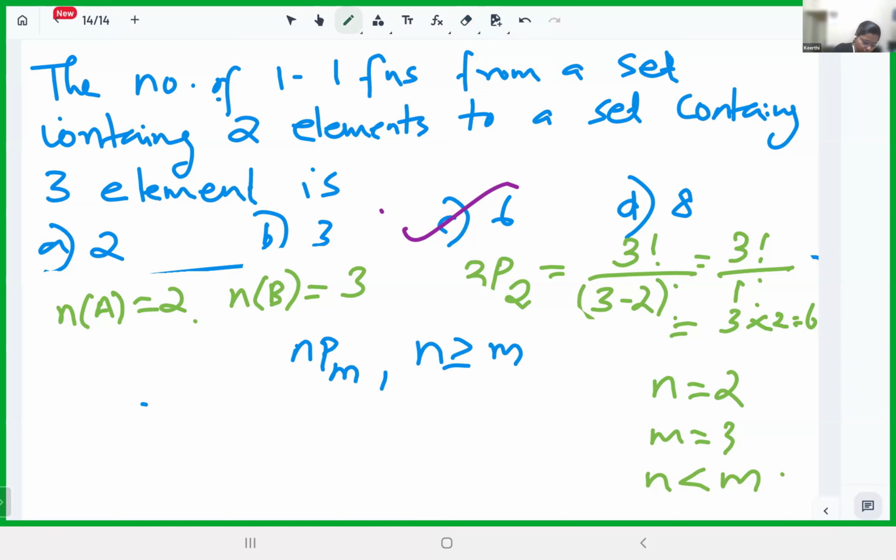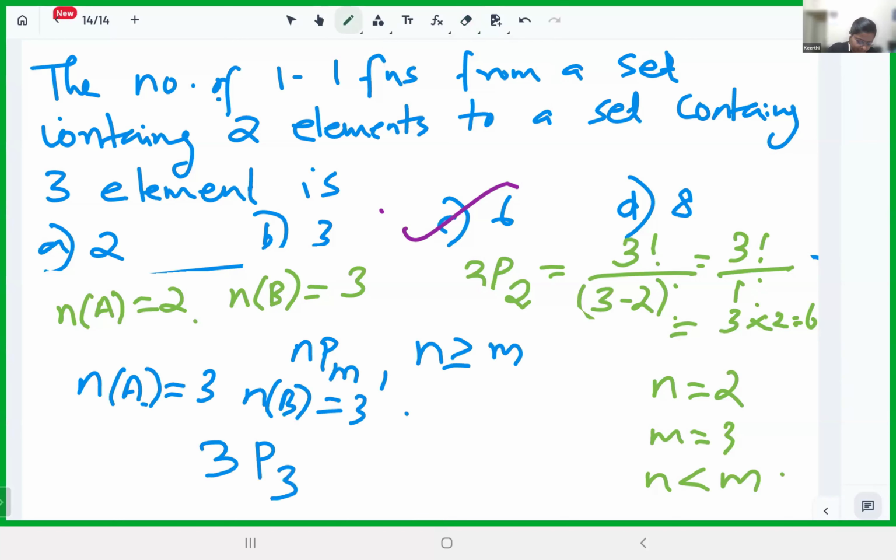So if n(A) is equal to 3 and n(B) is also equal to 3, then the number of one-one functions will be nothing but 3P3. That is equal to 3 factorial by 0 factorial. 0 factorial is 1, so that is equal to 3 factorial.